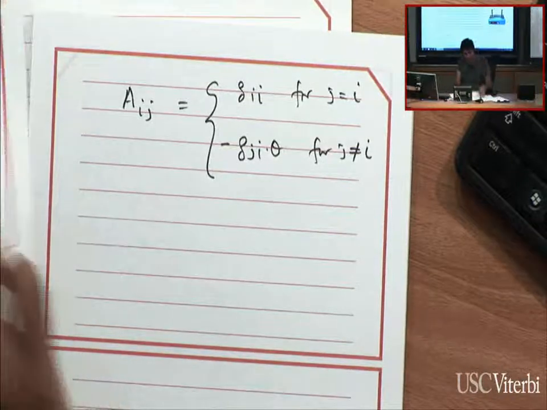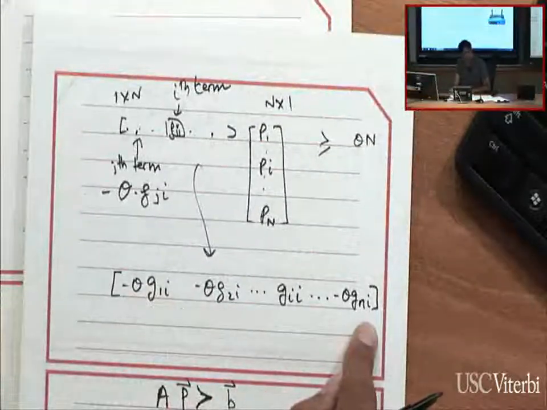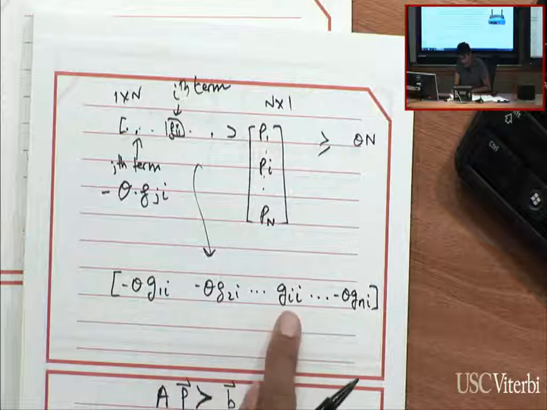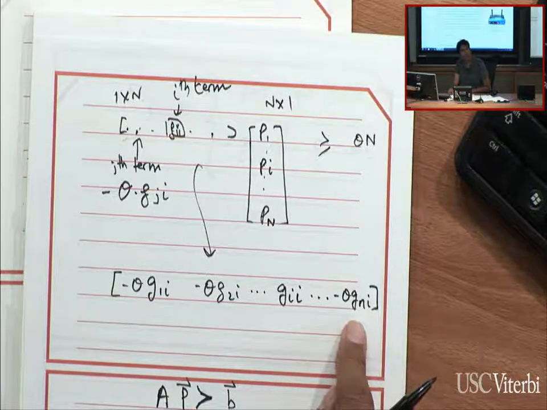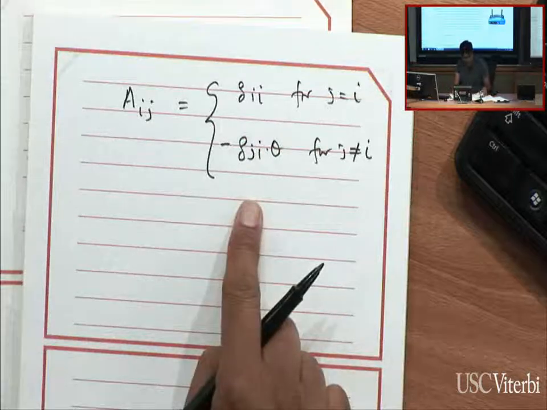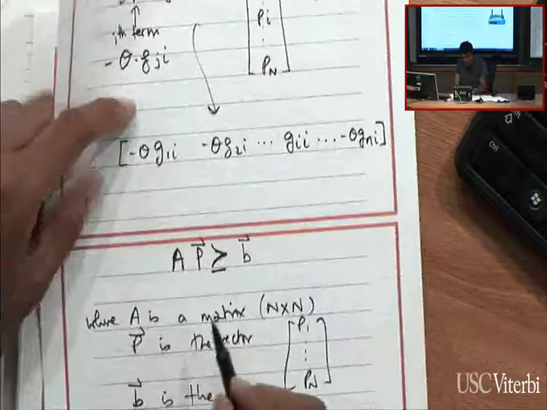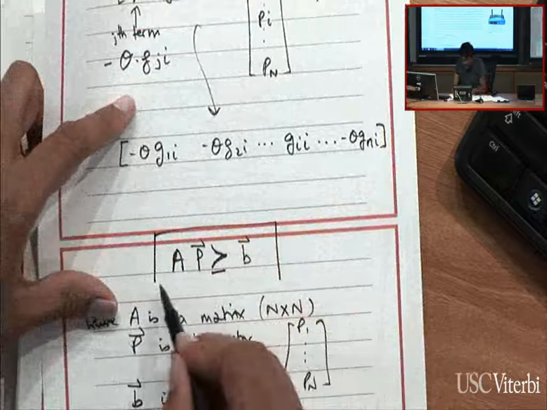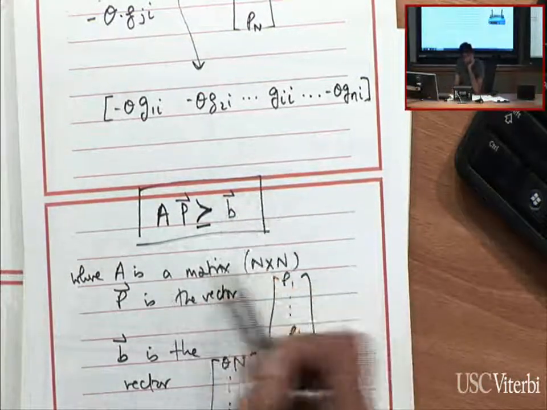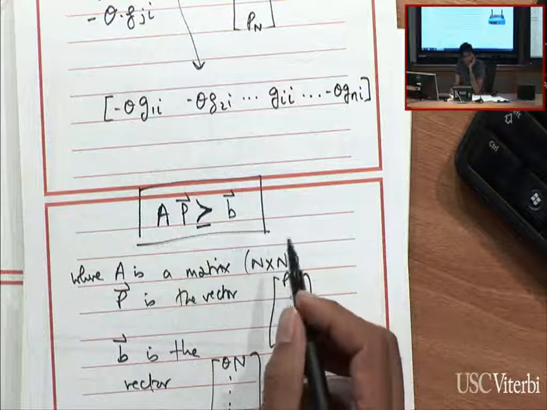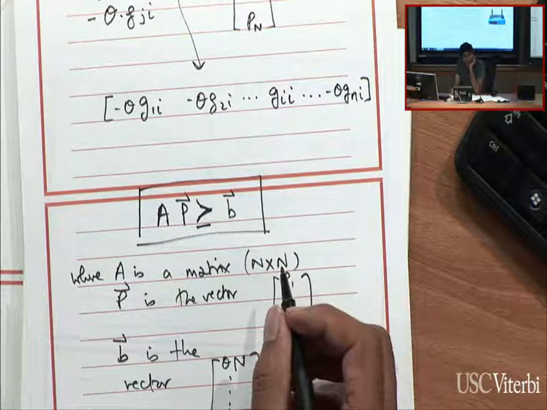So this matrix A is simply a bunch of these terms. On the ith row, the diagonal element is the one that's G_ii. All of the other elements are negative theta times G_ji. So that's what this is. Basically, the entire set of SNR conditions that we're talking about can be written as what's called a matrix inequality.